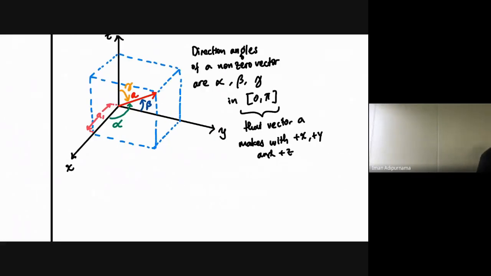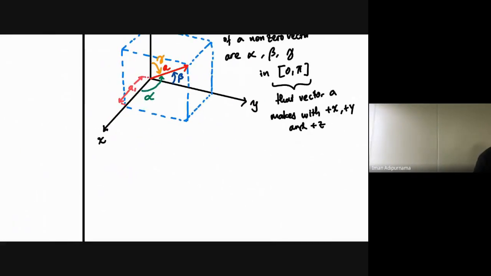We can write the relations of all the alpha, beta, and gamma. So cos alpha becomes A dot I, the basis, divided by the magnitude.